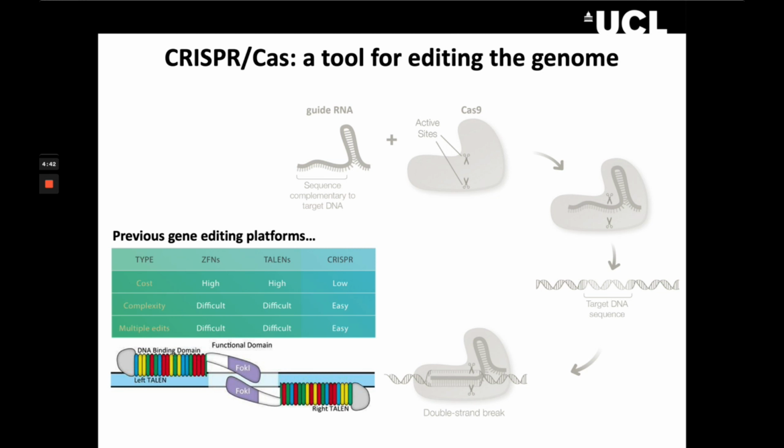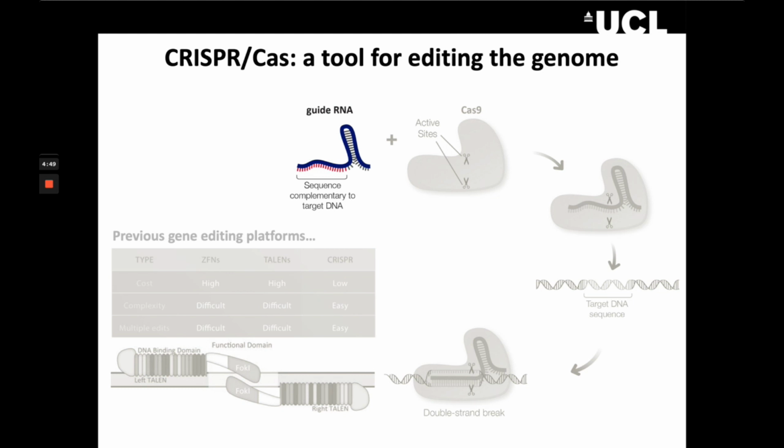So dare I say it, the sexiest thing about CRISPR-Cas is that the guiding and cutting elements are separate, meaning you only have to customize simple pieces of RNA to guide you to the mutation and then provide this common Cas enzyme to cut at that targeted location. So CRISPR-Cas is faster, easier, and cheaper than what came before.